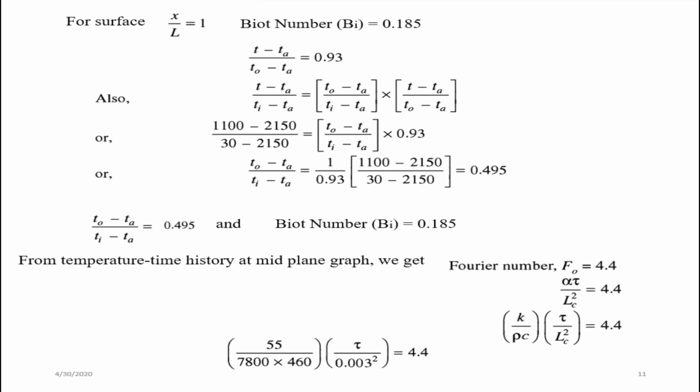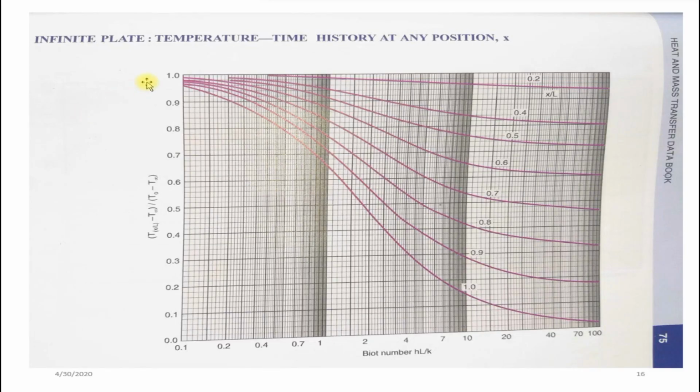If you go to the position graph, that is graph number 2 in an infinite plate, we have the value of Biot number, that is 0.185, and we have the x by L value as 1, and you will get somewhere 0.93 or 0.94. T minus Ta divided by T0 minus Ta is equal to 0.93, or T of x by L minus T infinity divided by T0 minus T infinity value as 0.93.